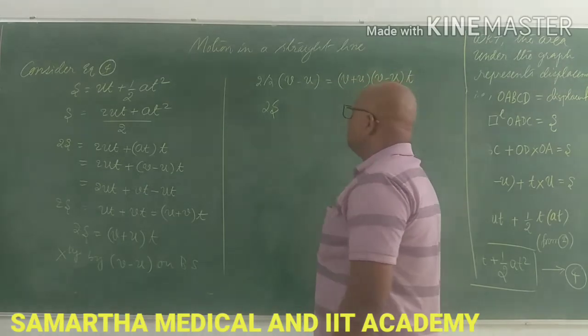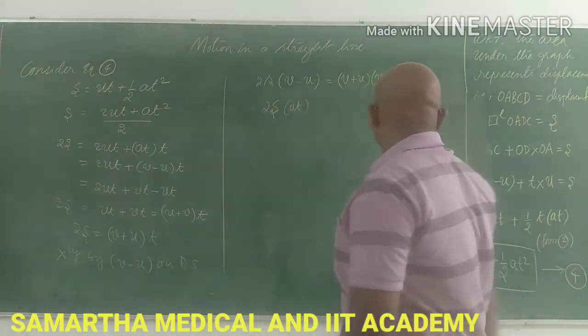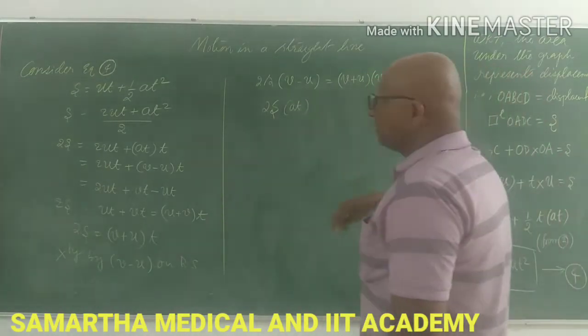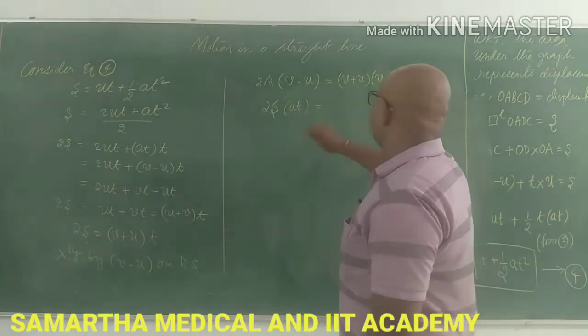What is V minus U? It is AT, right? From equation number 2, earlier, AT means V minus U. We will write it as it is.